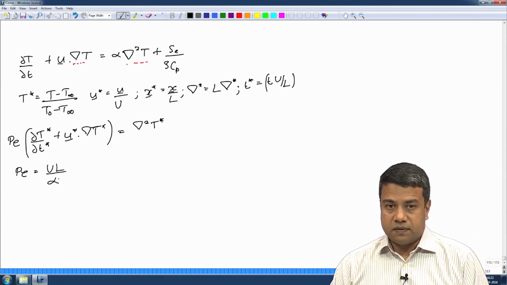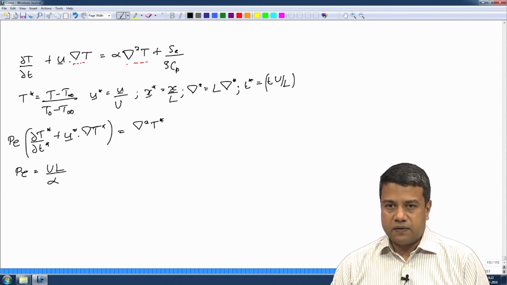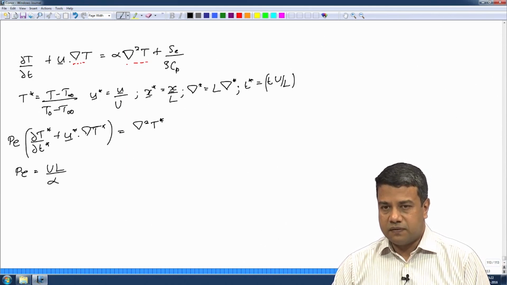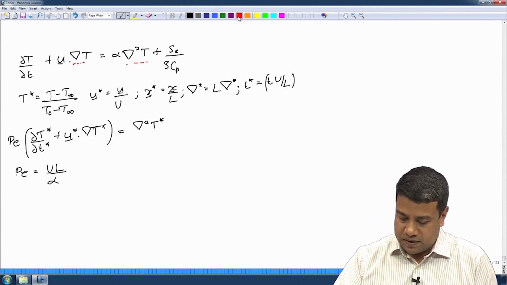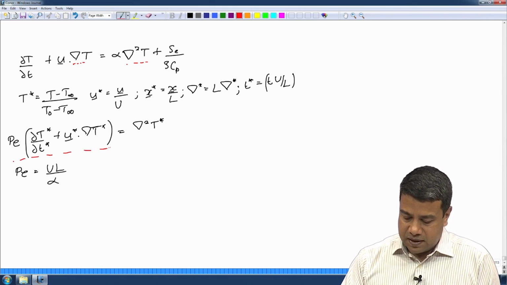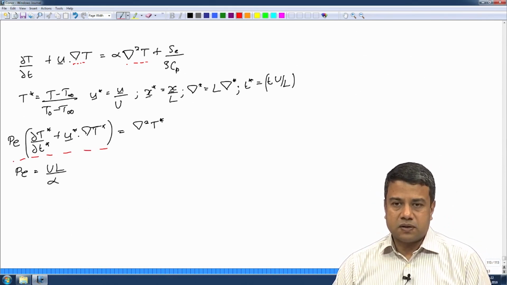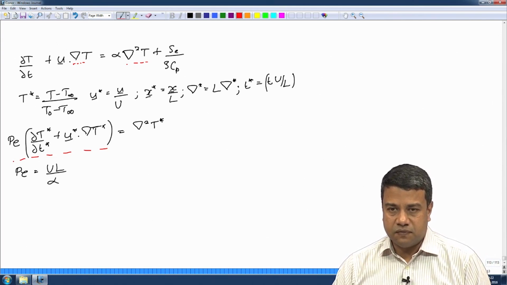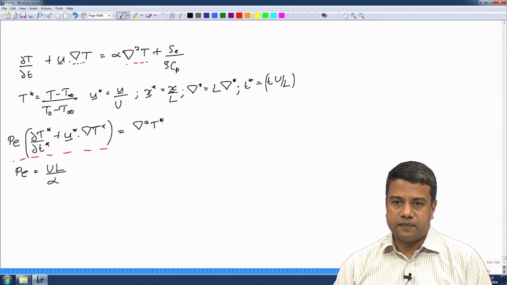It gives you the ratio of convection and diffusion in this system. Last few lectures we have looked at the case where diffusion is dominant, when the Peclet number is small for heat or mass transfer, in which case we can neglect the convective terms altogether and the equation just reduces to an equation for diffusion, a Laplace equation or a Poisson equation for the temperature or the concentration fields.